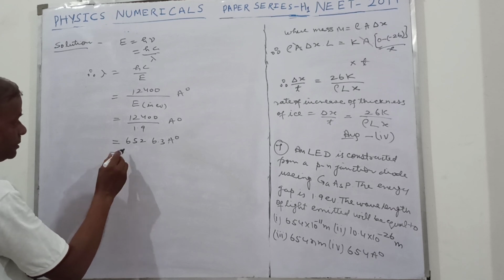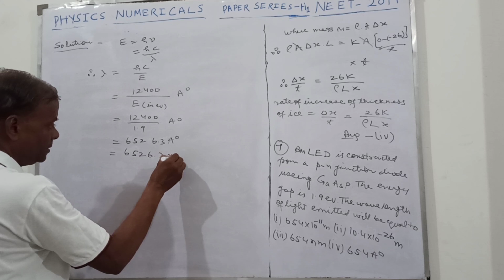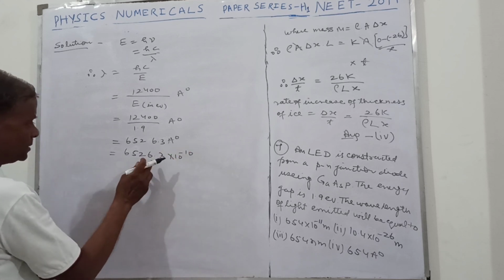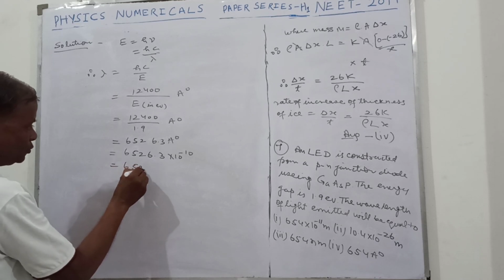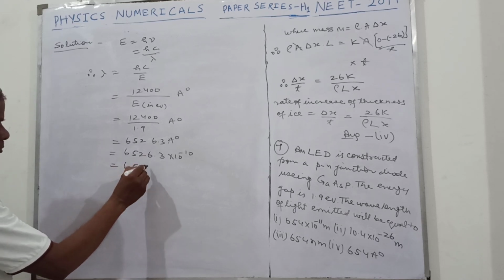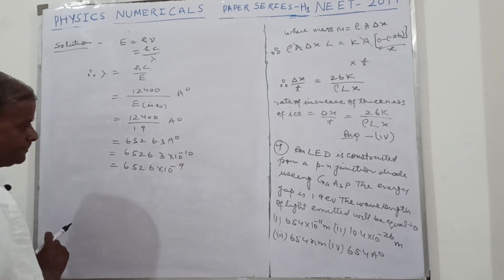If we write it down, this is now 6526.3 into 10 raised to the power minus 10. Then suppose we bring the point here, then we have 652.6 into 10 raised to the power minus 9.